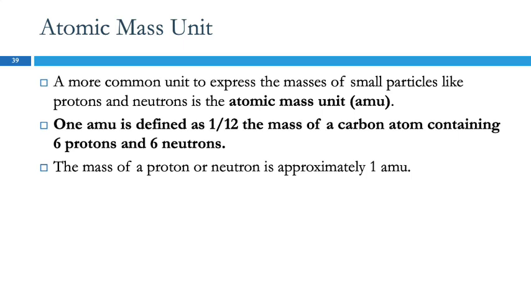And then there's the electrons that really are basically nothing. So if we take the mass of these 12 things and divide it by 12, that's an AMU. So the result is that the mass of a proton or a neutron is very, very close to 1 atomic mass unit. And for I think everything we do in Chem 1A, we can just say that it's 1.